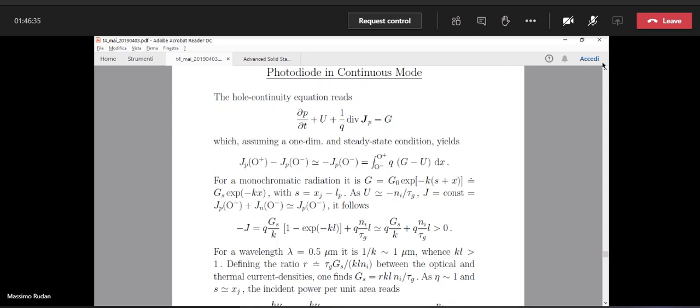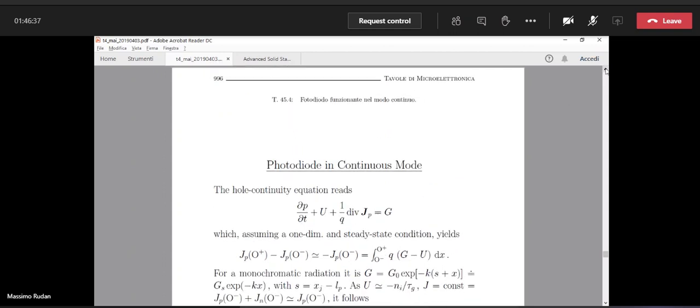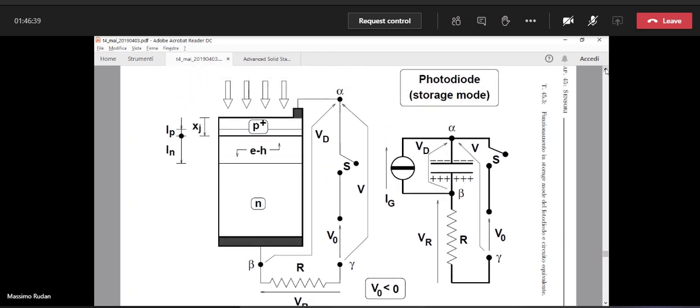Why? Because in this structure, we are assuming that the 0 coincides with O minus. So the photons have already crossed a piece of semiconductor.